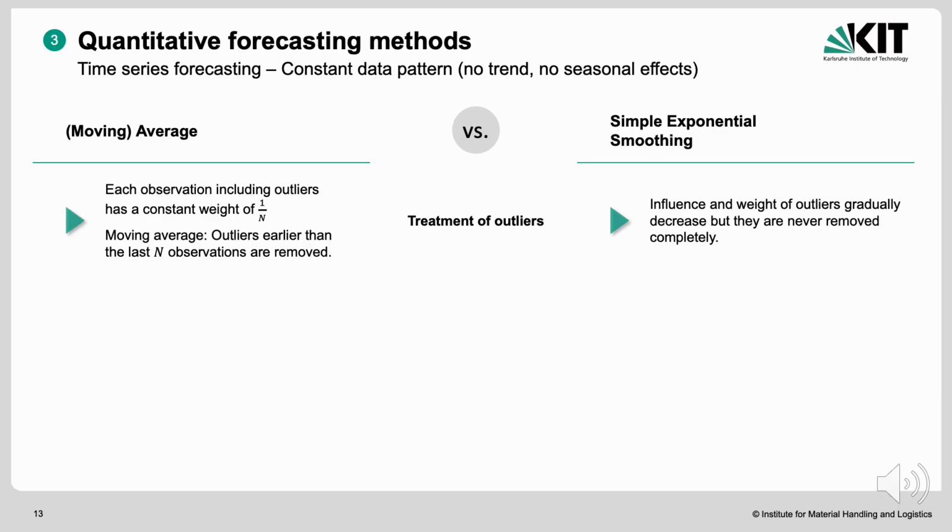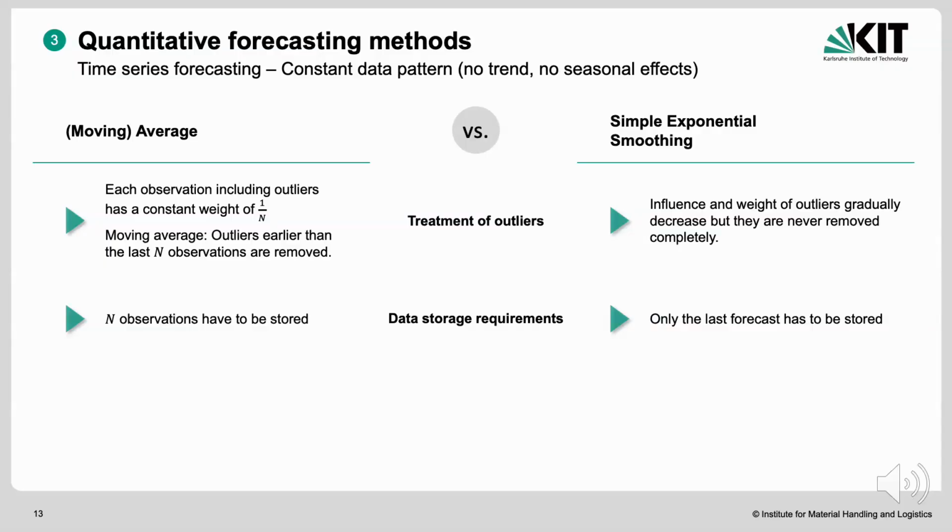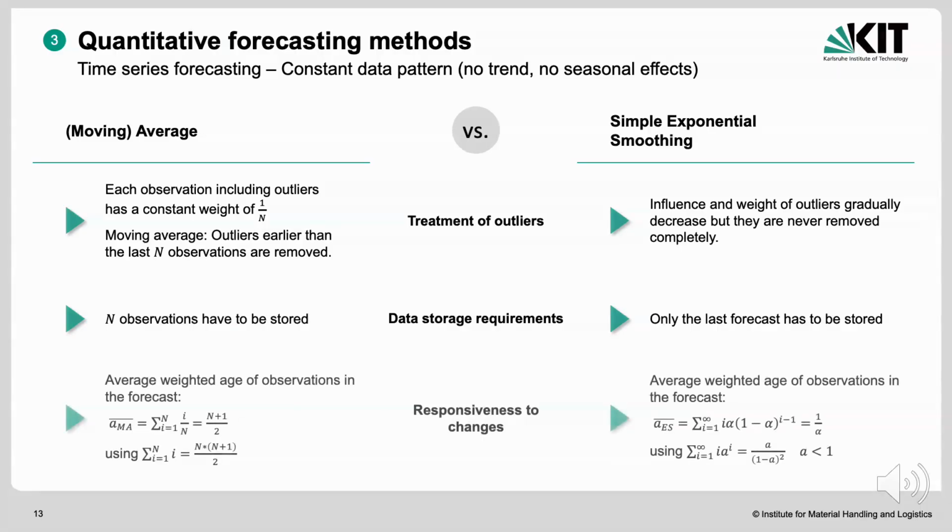In simple exponential smoothing, they still have weight, but the impact of the outliers gradually decreases since alpha is multiplied several times with the actual data. So they are never removed, but their impact is. The data storage requirements, as I said before, for moving average are all the n observations, and for simple exponential smoothing, just the last forecast.